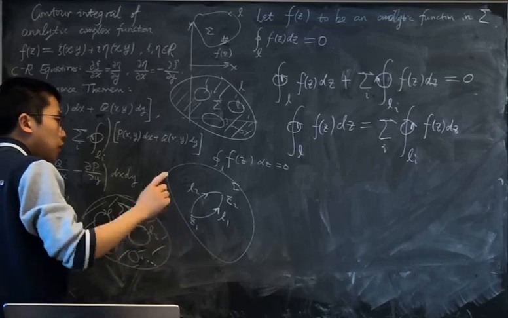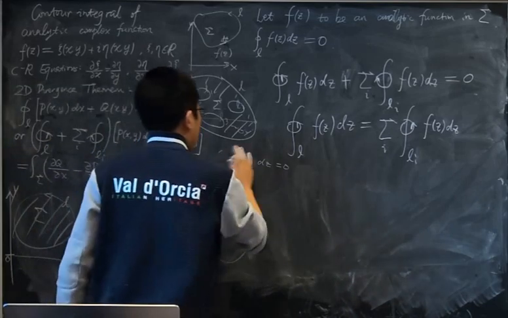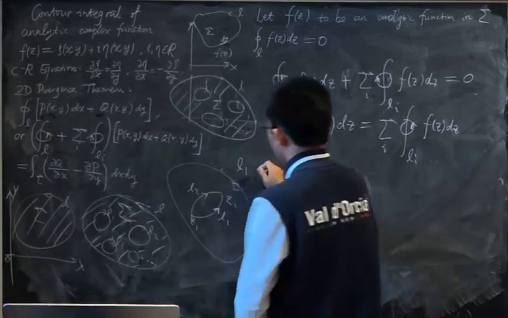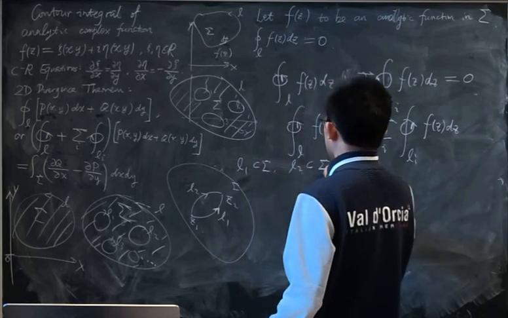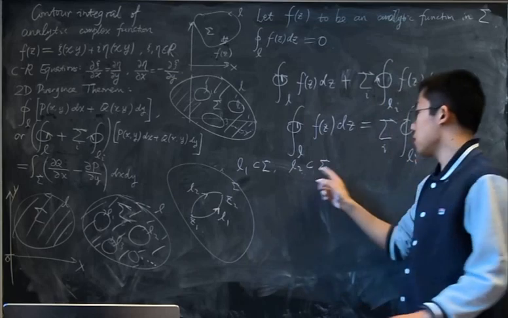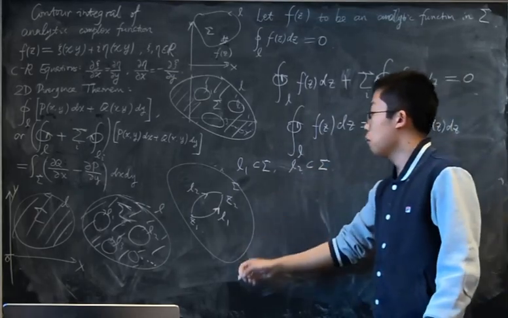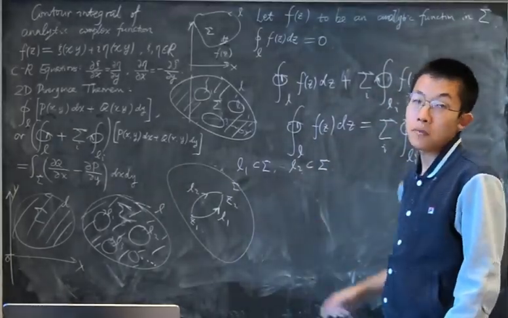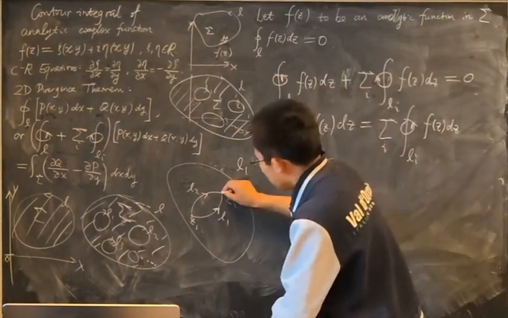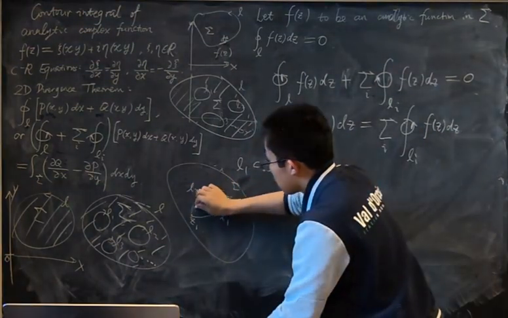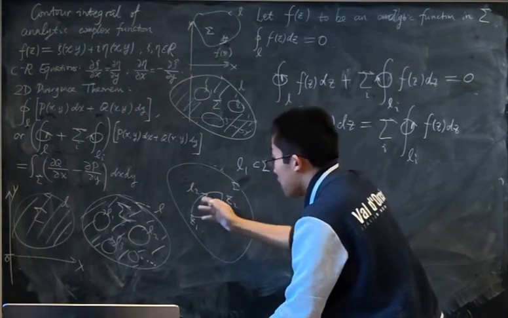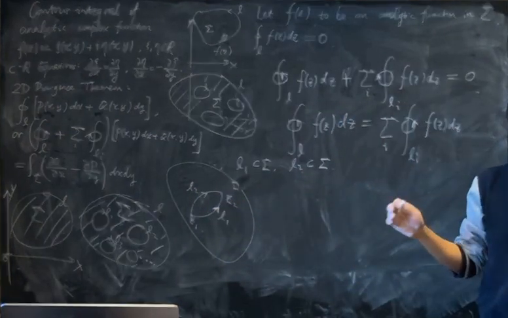Of course, we have to guarantee that L1 is inside the big region, and L2 is also inside the big region on which f(z) is analytic. So L1 and L2, if we flip the direction of L2 in this way, then L1 and the flipped L2 would form a complete loop.